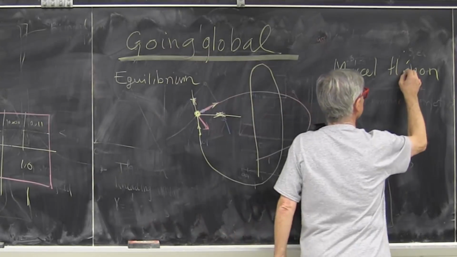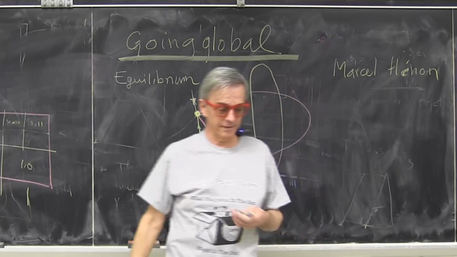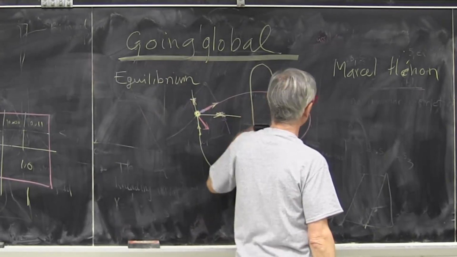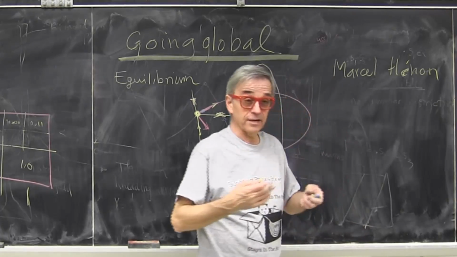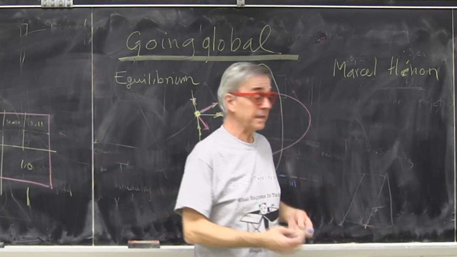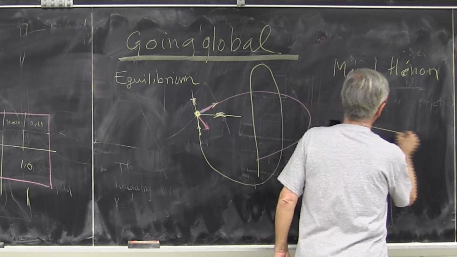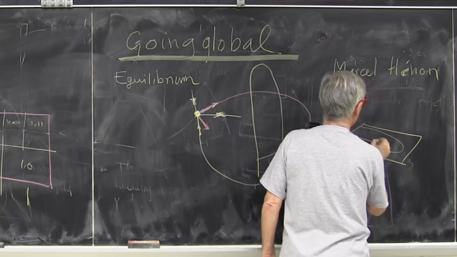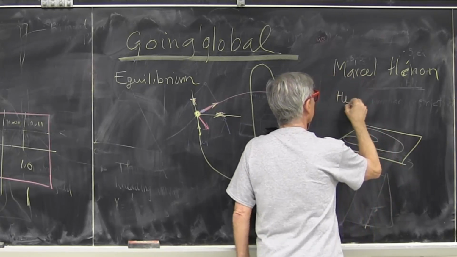Marcel Henon, who is currently dead but was alive until 6 months ago or so, said, well, you know, I don't understand the Lorenz attractor, just like Rossler. Let me just produce a map that mimics what the Lorenz attractor does. So he produced something called a Henon map.